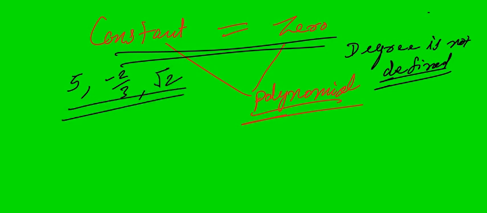These are constant polynomials. But what is the difference in a zero polynomial? A zero polynomial is the constant polynomial whose degree is not defined.